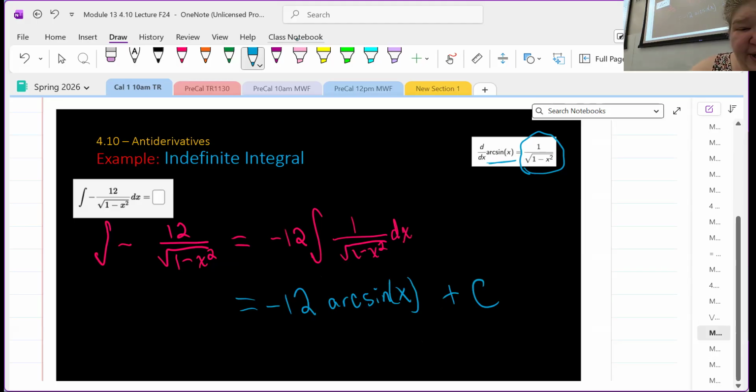When I was first learning antiderivatives integrals, I always thought of the dx like turns into a plus c. That's not what actually happens, but that's just something my brain grabbed a hold of to remember to write the plus c.